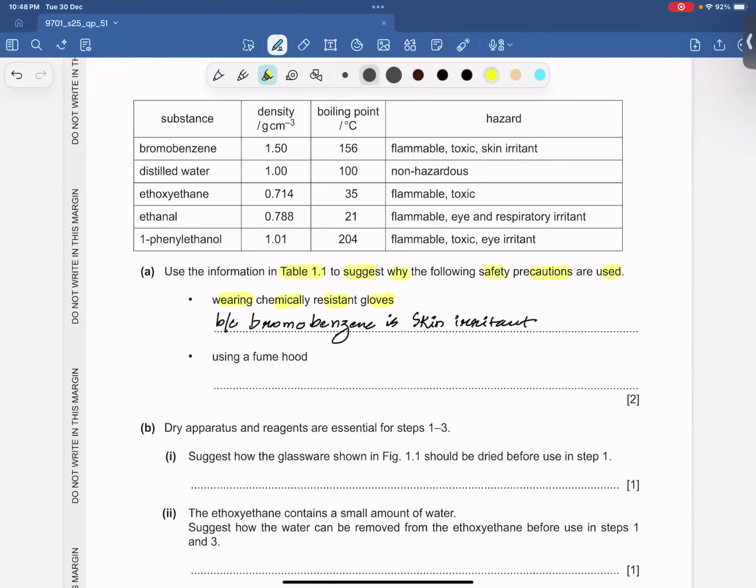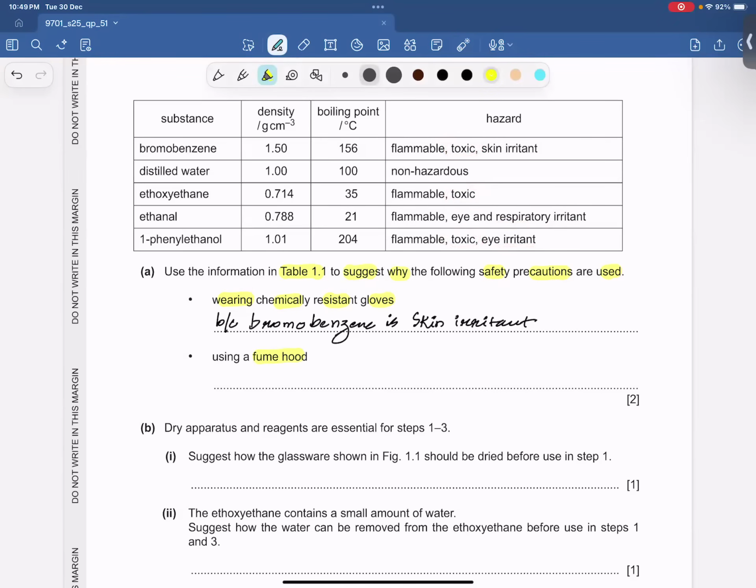Using a fume hood or fume cupboard is needed if the gases are toxic. So bromobenzene is toxic, ethoxyethane is toxic, and 1-phenylethanol is toxic. All right. Also, ethanol is a respiratory irritant and eye irritant, which means we need a fume cupboard or fume hood, right?